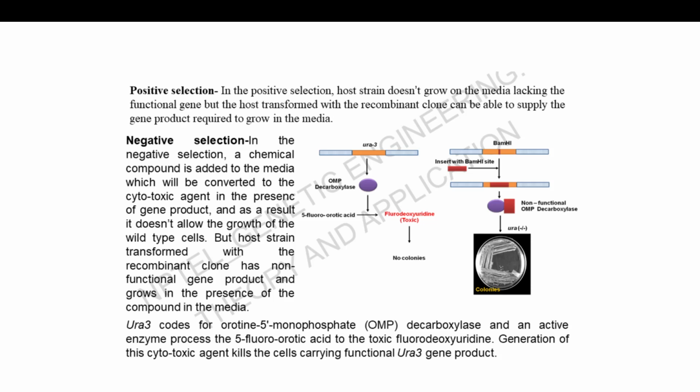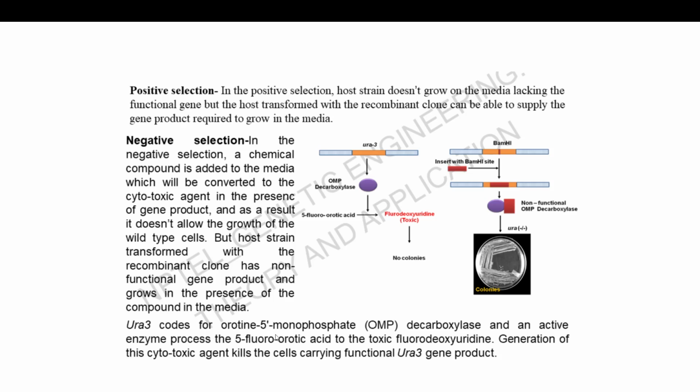So the cells which are able to grow actually have the insert in there. Otherwise, the cells which are not able to grow didn't get the insert in between. So this is one of the examples of insertional inactivation. Due to the insertion of the gene of interest, or a foreign gene, the function of the wild type gene, which is URA3 in this case, is getting inactivated.